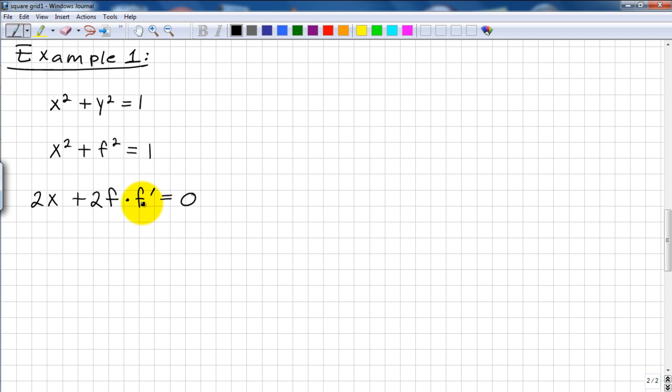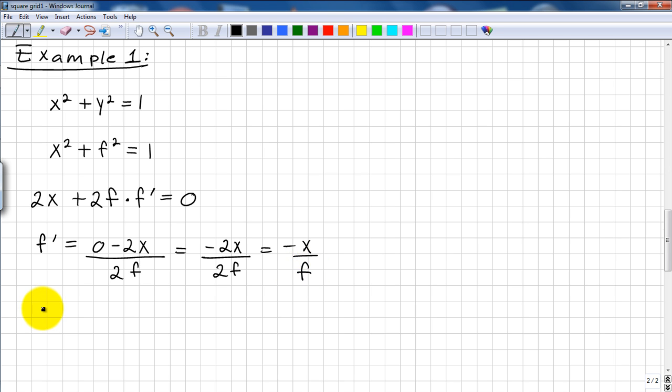So now we need to solve for f prime because ultimately that's what we're looking for. We're looking for the derivative. And the last step is, like I said, to do the replacement. So this would be your final answer.